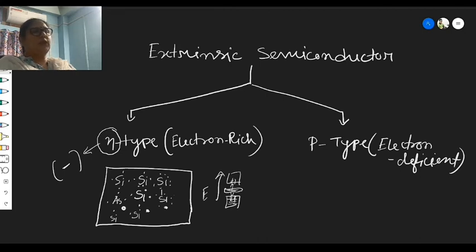Therefore these are known as N for negative, N-type semiconductor.